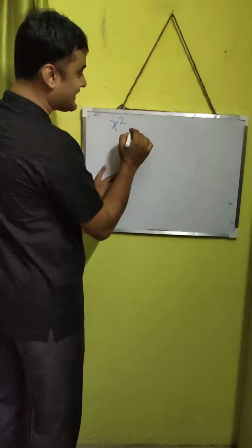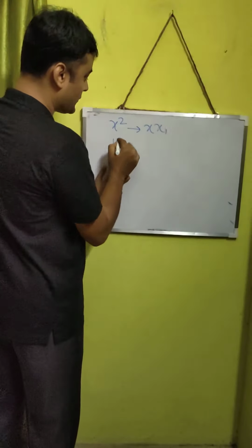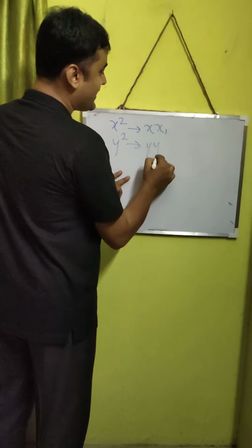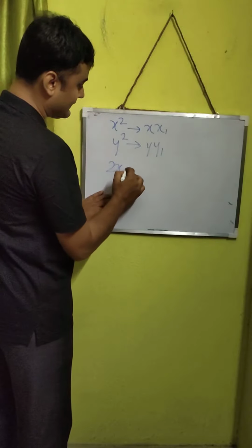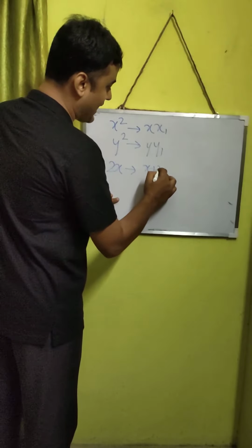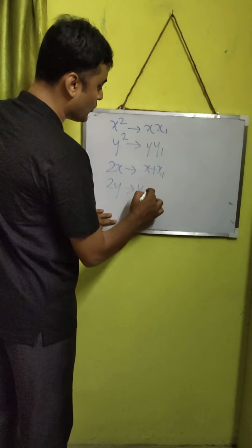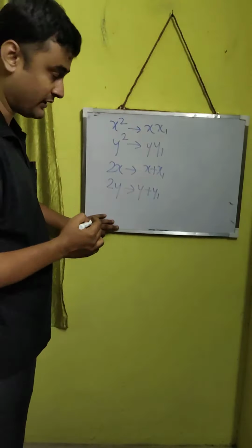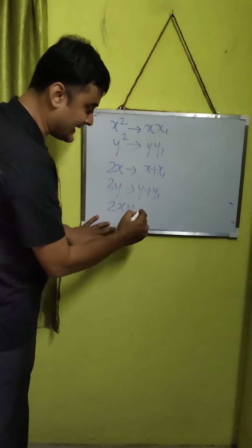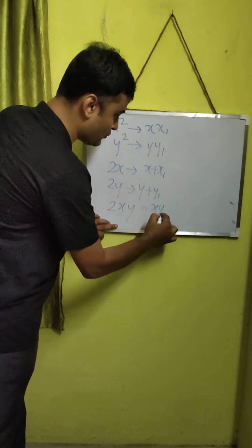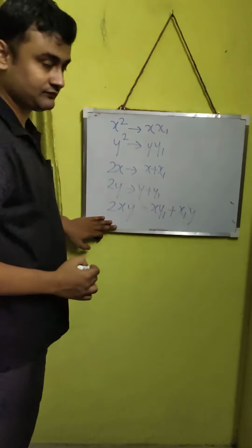X square gets replaced by x1, y square gets replaced by y1, 2x gets replaced by x plus x1, 2y gets replaced by y plus y1, 2xy gets replaced by xy1 plus x1y.